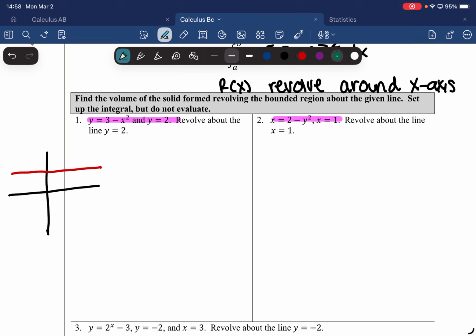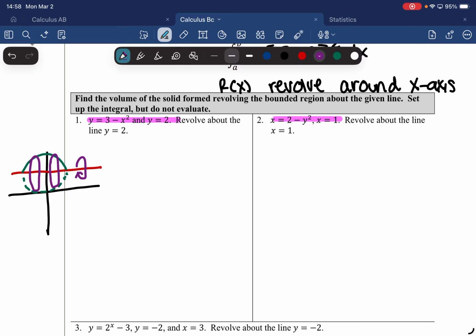So that is going to be up here. And then I mirror it, so do a reflection over the y equals 2. And so if I'm revolving around that line, I'm going to get circles, just like before, because I'm spinning around it.